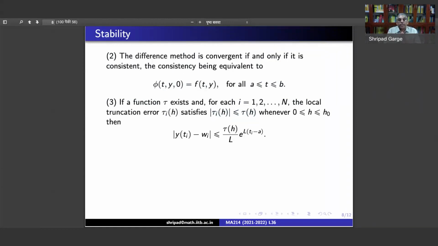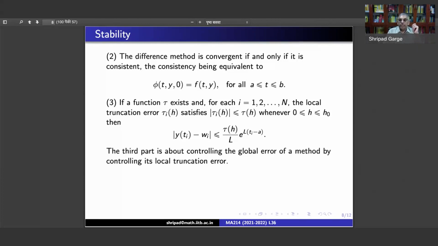So this gives you a very nice bound on the global error y(t_i) minus w_i. This is an error which accumulates all the local errors, in terms of a function bounding the local truncation error. So in some sense, if you take the maximum of all the local truncation errors, that gives you a nice bound on the global error.